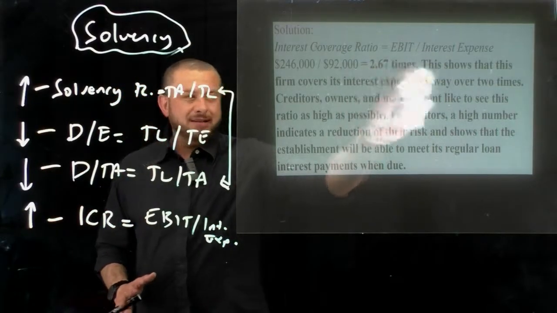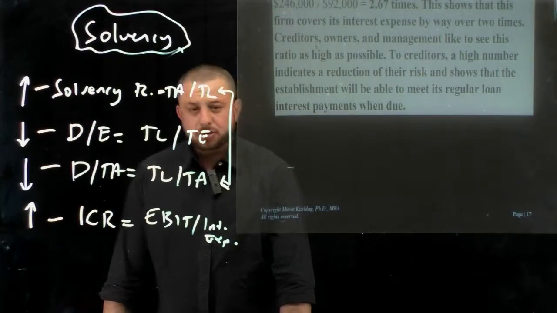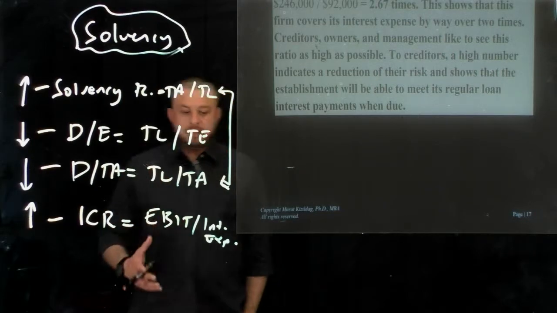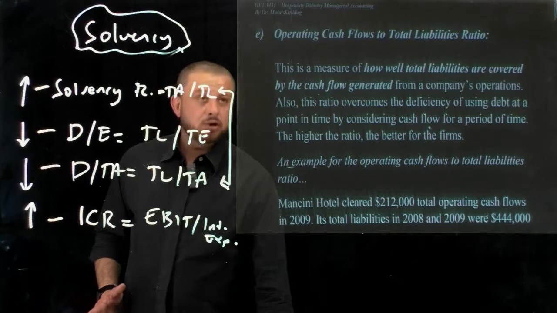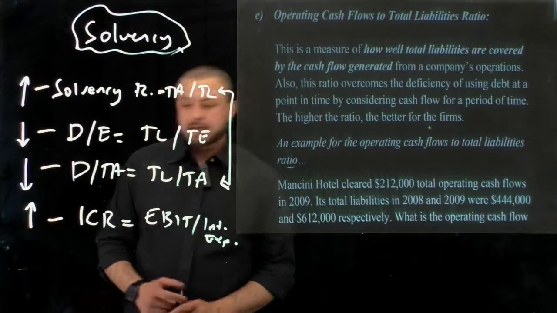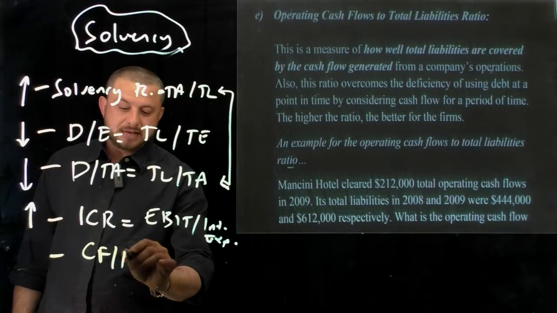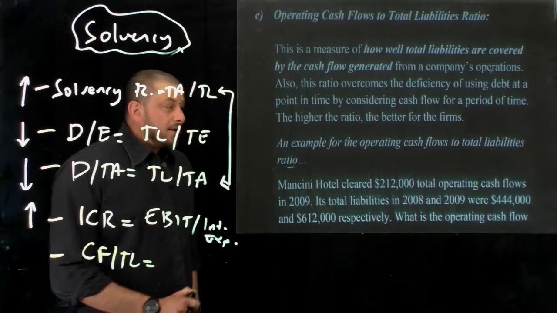Okay, so that's a great indicator and solvency ratio, focusing on the interest payments using the debt issuances. Okay, using the debt or including the debt. Another one right here, operating cash flows to total liabilities ratio, CF over TL. Remember we had CF over CA, right?